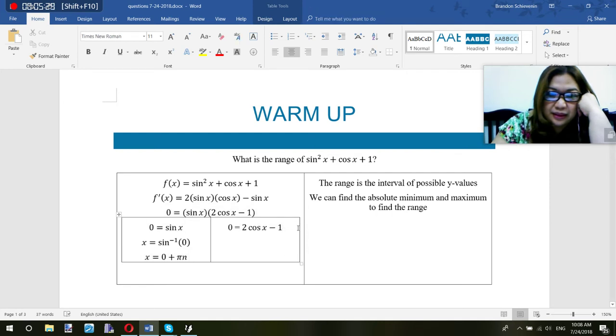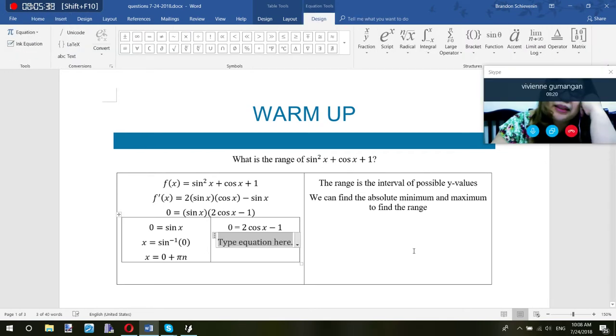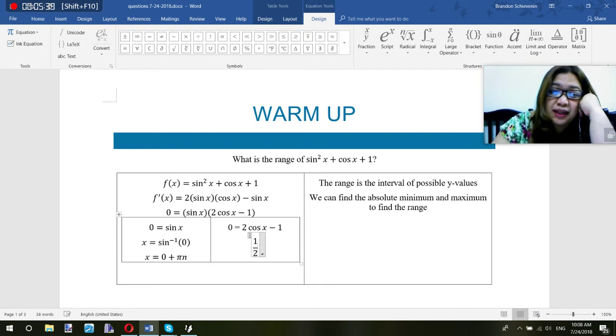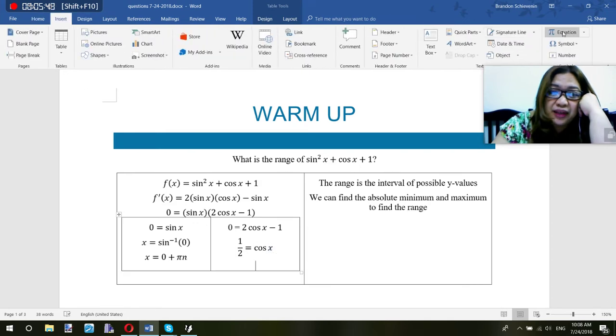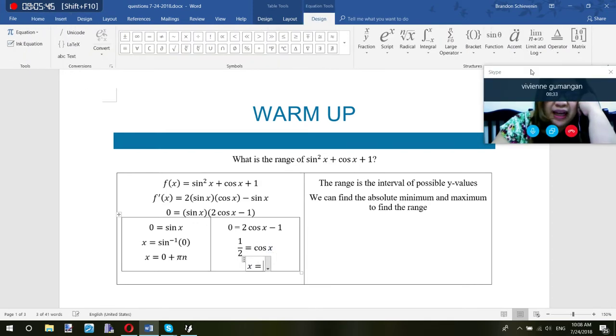And then what about this right side? All right, so I need to solve for cosine x. So I can rewrite it first as 1/2 equals cosine x, and then I need to find the inverse, so x is equal to the inverse of cosine of 1/2.